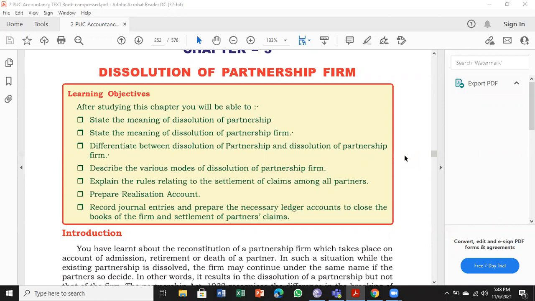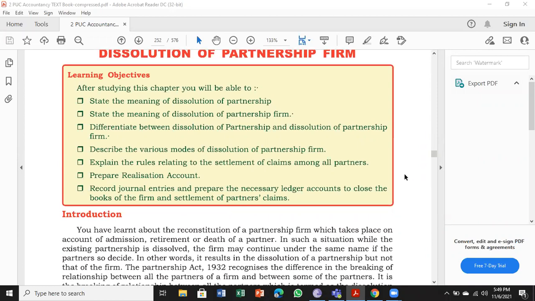This chapter is not only important from the point of view of second PUC, it is also important from the point of view of your degree. If you take BCom or BBA, you'll be working on some topics related to the partnership firm. So this chapter will be useful in those degree classes when you do financial accounting.